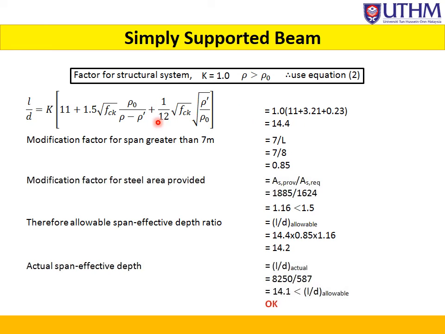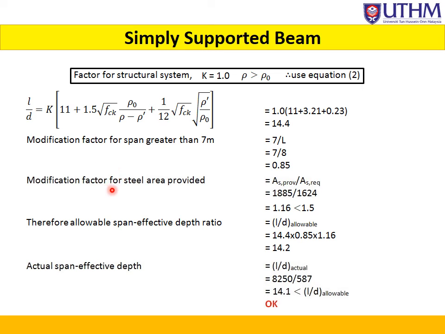So we key in all the information, we get our L over D is 14.4. This is the L over D basic. We have to do the modification factor for span greater than 7 meter. Our beam is 8 meter, so we have to have the modification for span. So 7 divided by length is 0.85.